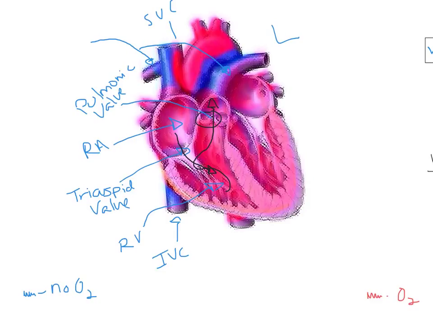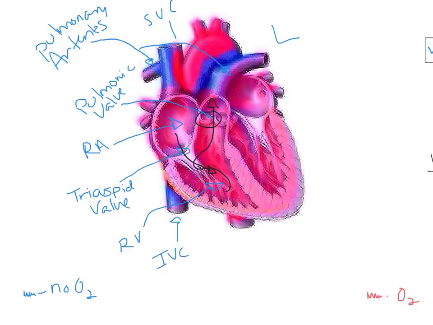And these are the two pulmonary arteries. They're going to go to the lungs and exchange with the lungs oxygen and carbon dioxide.